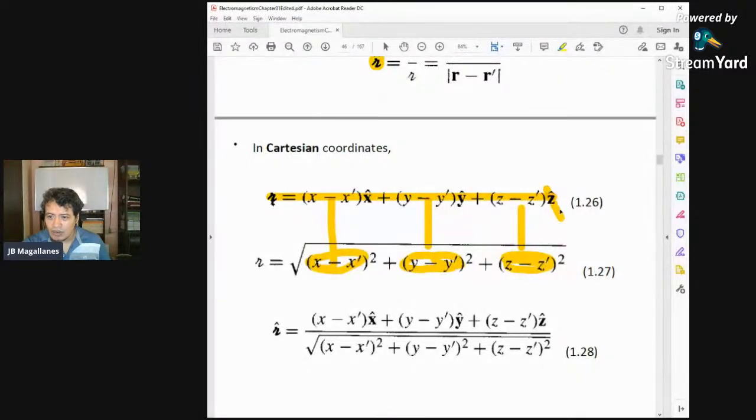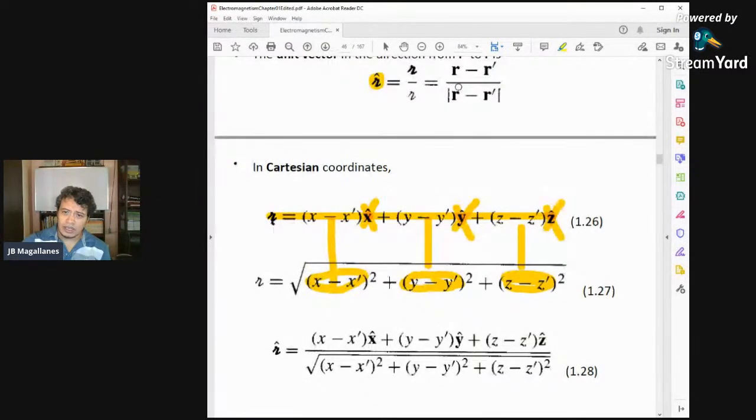Forget about the direction in the magnitude. The magnitude is a scalar quantity, so you can also write this expression in terms of the Cartesian coordinates like this.